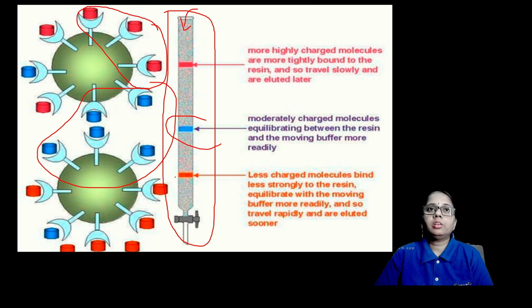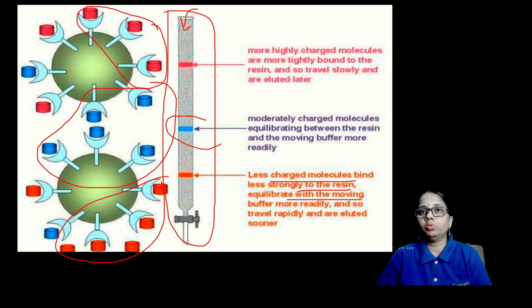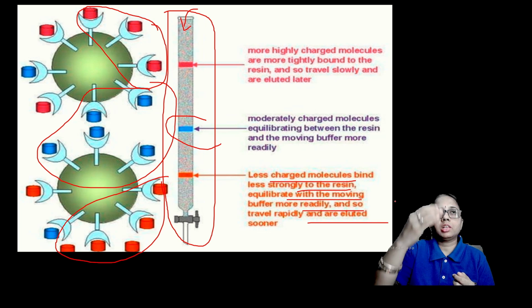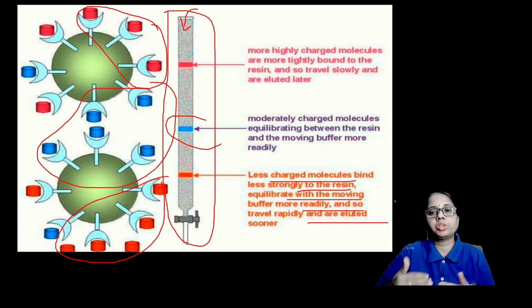The red color molecules do not have high binding. Less charged molecules bind less strongly to the resin and equilibrate with the moving buffer more readily, so they travel rapidly and are eluted very soon. The binding is not that much, so while adding the mobile phase they move fast, and elution is fast.